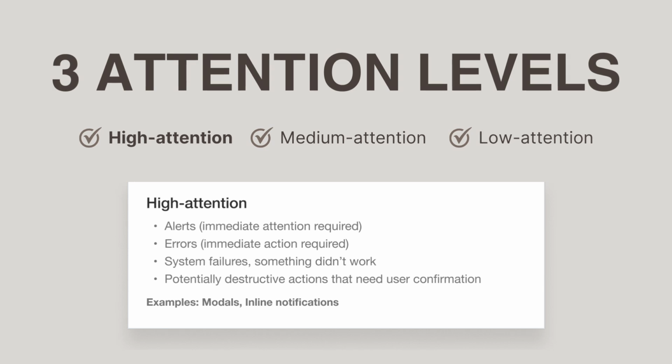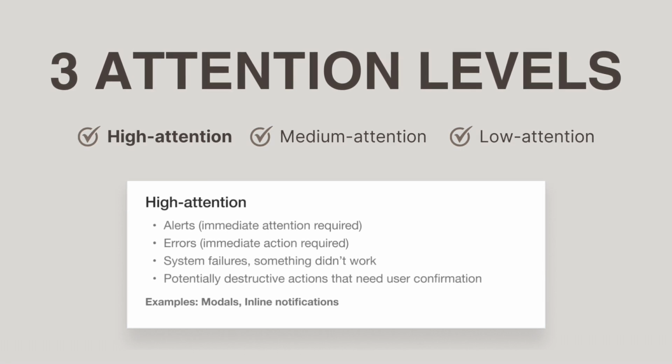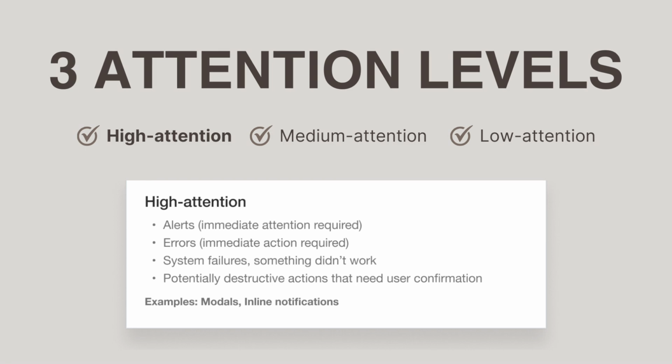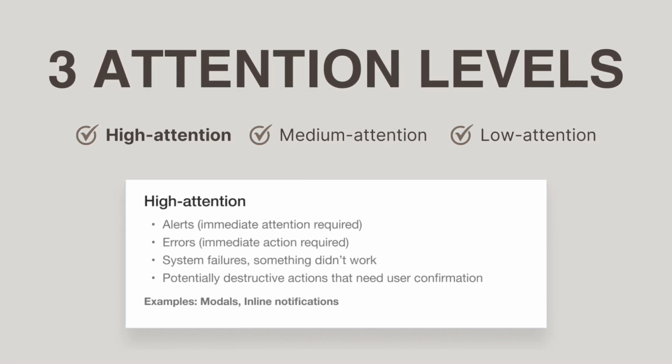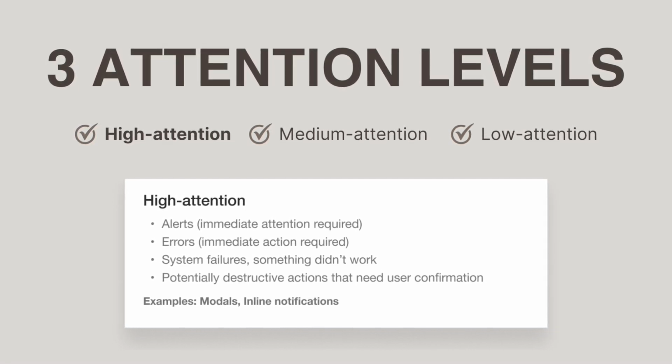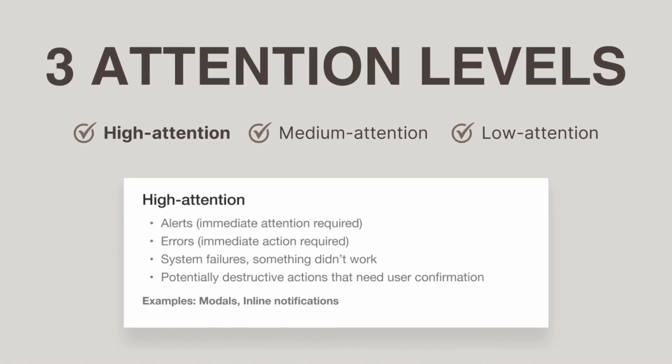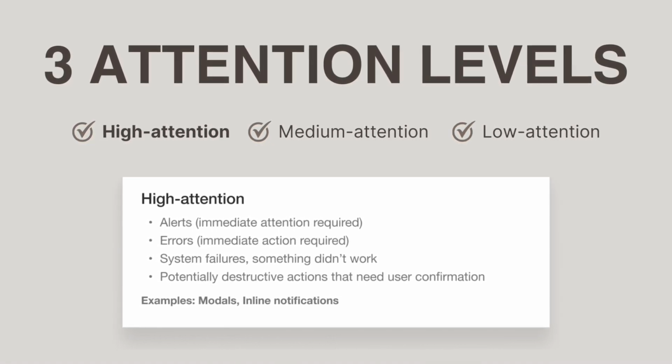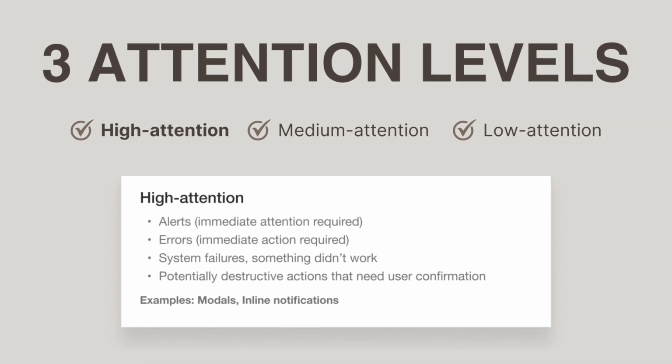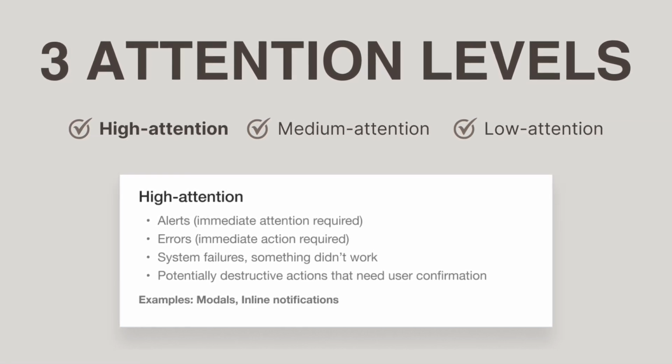The first one is high attention. The high attention notifications are used when immediate action is required from the user. So you're trying to say, do something now. You're trying to grab their attention immediately. Let's say they are trying to make a payment and the payment is not going through. You want to let them know immediately, not later in the day or when they exit.